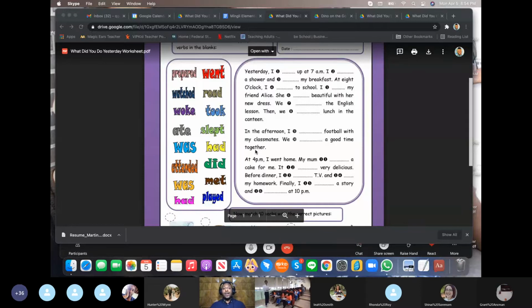So I think many of the other ones are words that they have seen before. I wanted to go over those two especially just in case. How about woke?